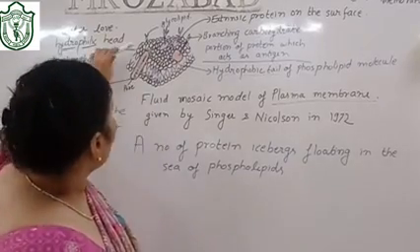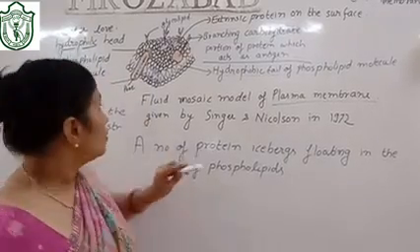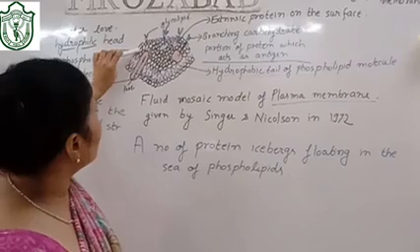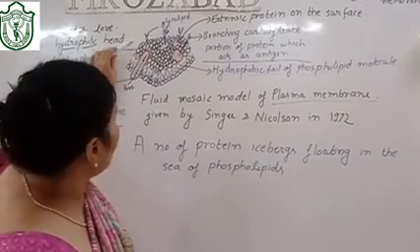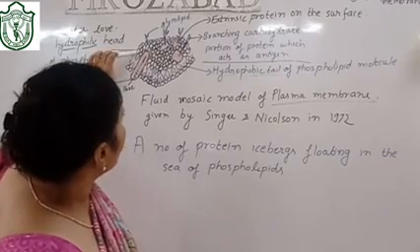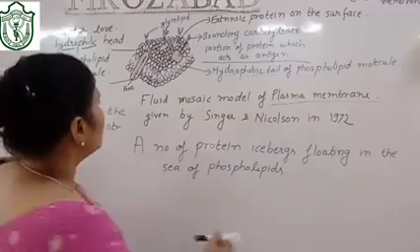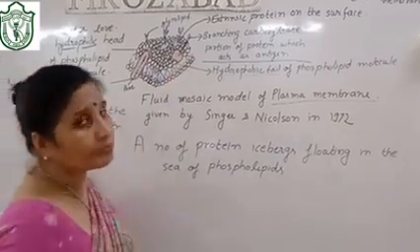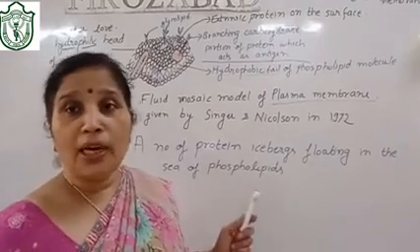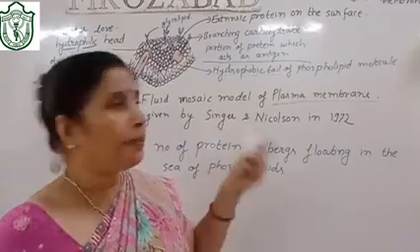As a structure we say phospholipid. From every round structure, you can see two blue tails emerging out. These tails are made of lipid. So together we call it phospholipid.